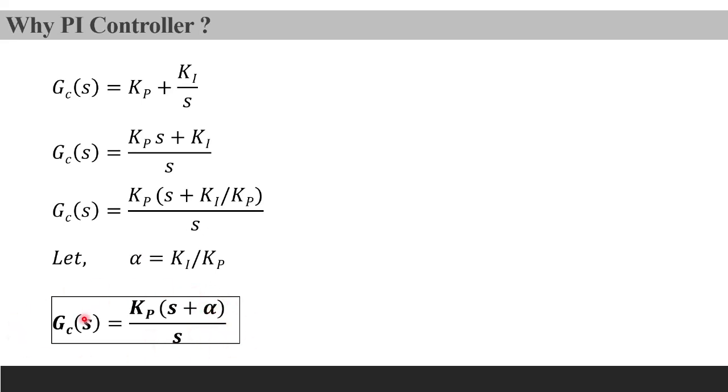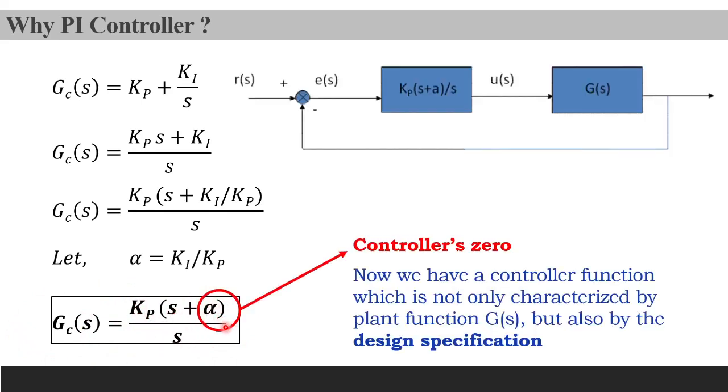We have this new control block which involves Kp, and alpha is the new parameter. This would be your PI control, and alpha represents a controller zero.